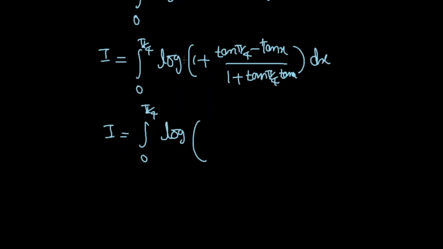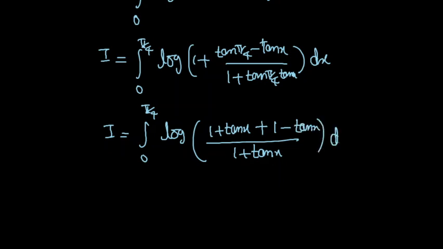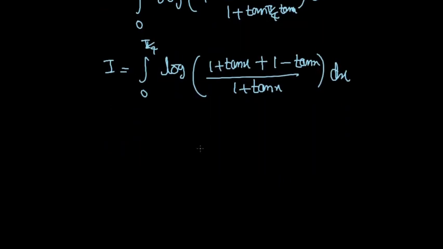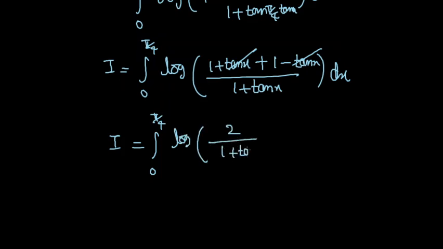So 1 plus tan x LCM is 1 plus tan x. So 1 plus tan x plus tan pi by 4, which is 1, minus tan x, whole dx. So plus tan x and minus tan x cancel. I is equal to 0 to pi by 4 log of 2 by 1 plus tan x whole dx.